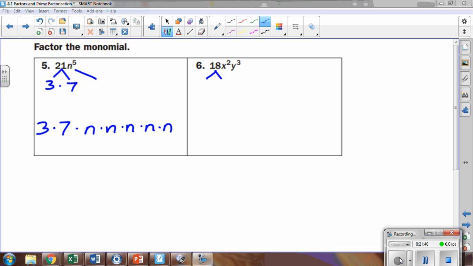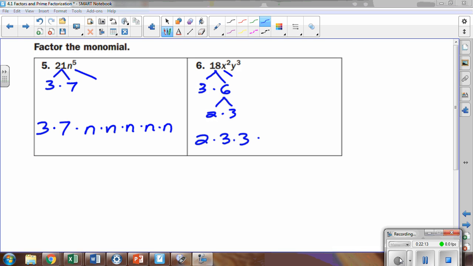For problem number 6, we have to do the same thing. Do your factor tree. I'm going to take 18 as 3 times 6. 6 is 2 times 3. So the number portion, our prime factorization of 18, is 2 times 3 times 3.